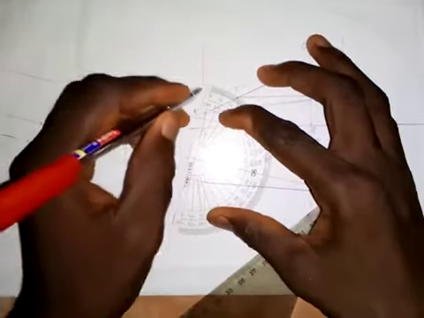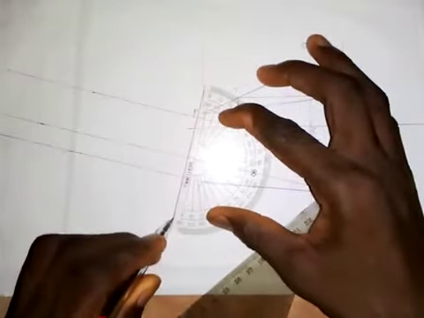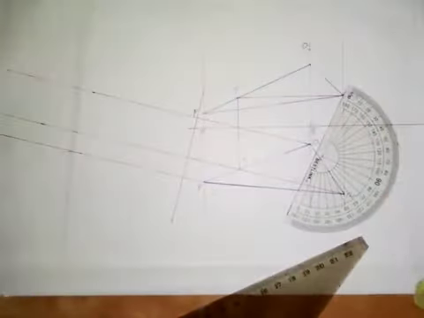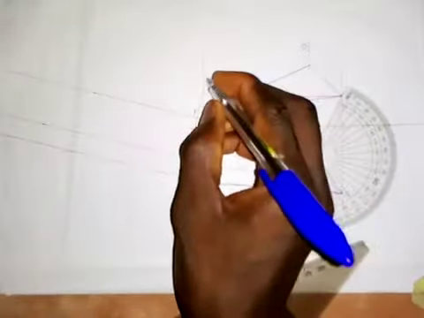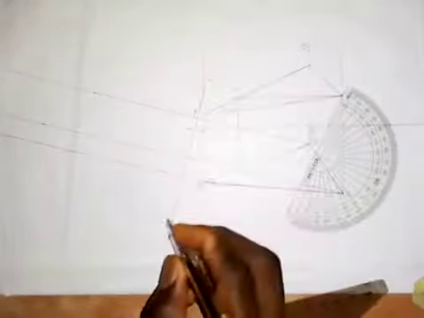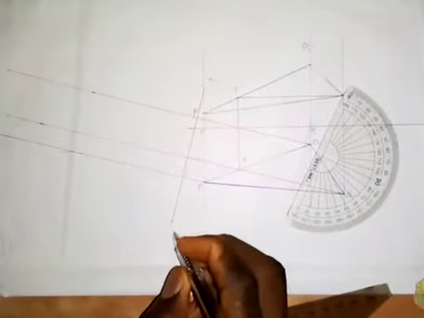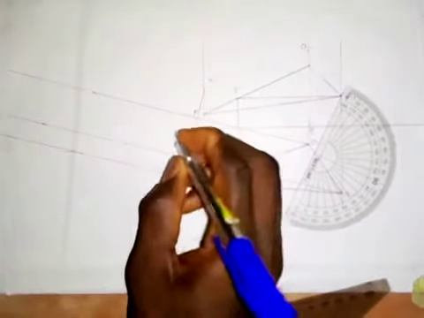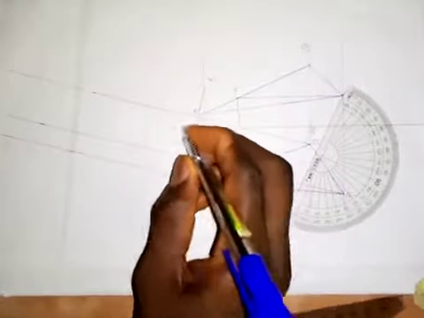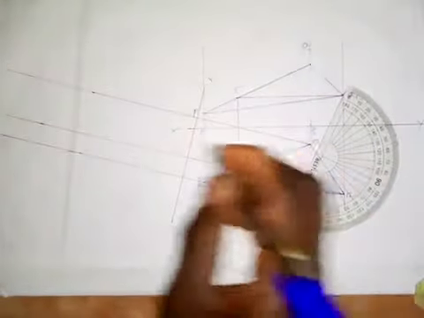So I'll just draw this line like this. So this line is x1 y1. So this is line xy.